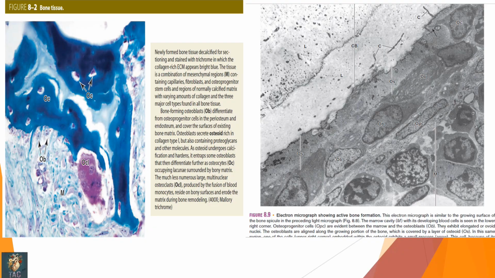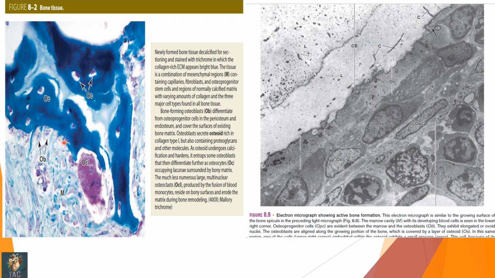So in this slide you can see this is basically the area where the extracellular matrix is present, and this extracellular matrix contains osteoprogenitor cells, the blood vessels, the nerves, lymphatics, and the osteoblasts as well. So these osteoblasts develop from the osteoprogenitor cell. They are cuboidal shaped cells and they secrete the osteoid.